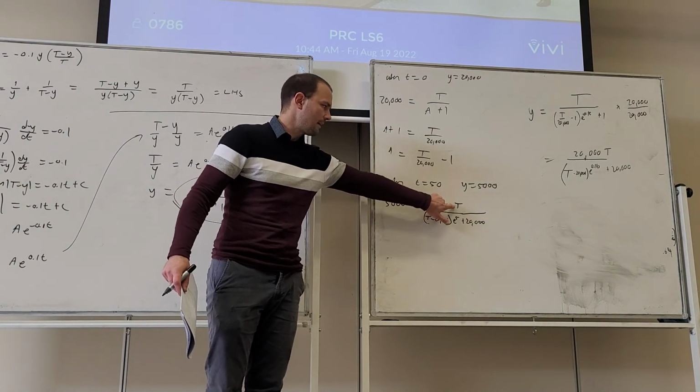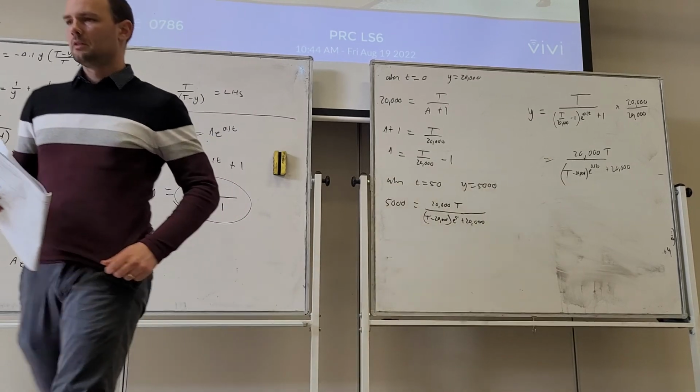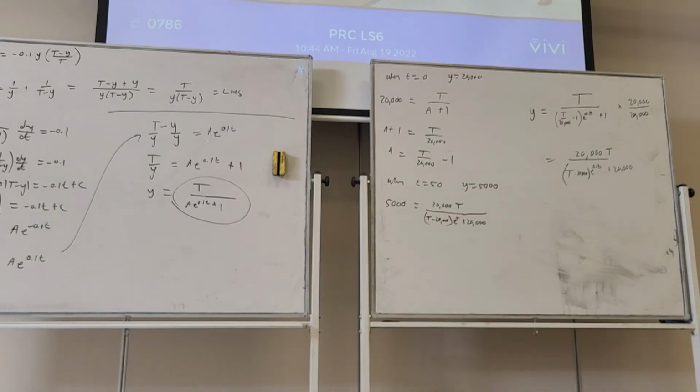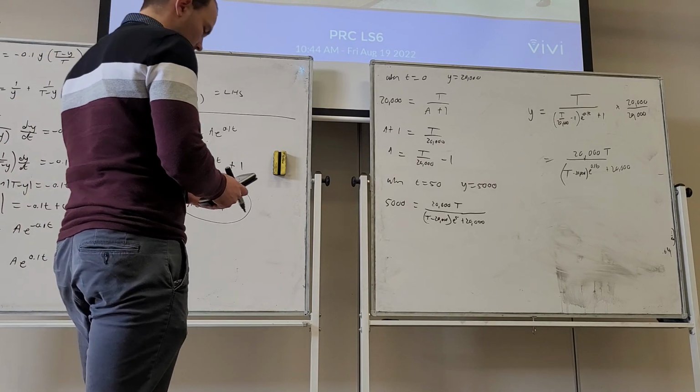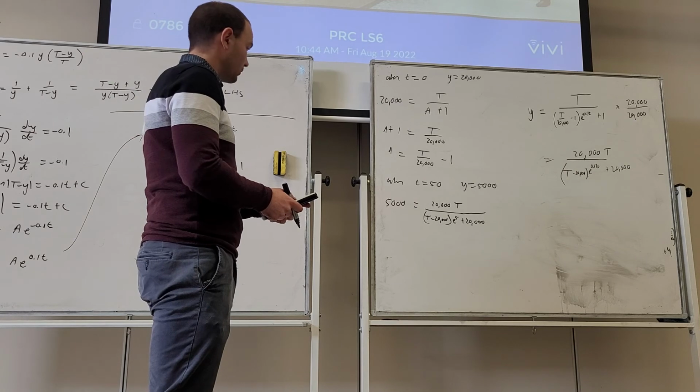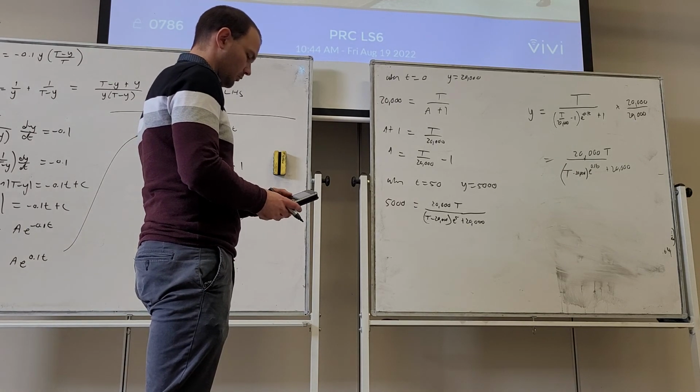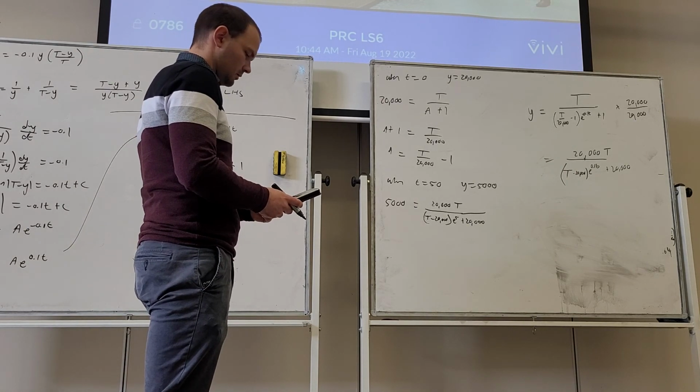What's the variable we're after? We're after t. So I thought I'd written it down. Hopefully I've got it here. Crank the V window right out. Okay, so I want to know the x value when y is 5,000.